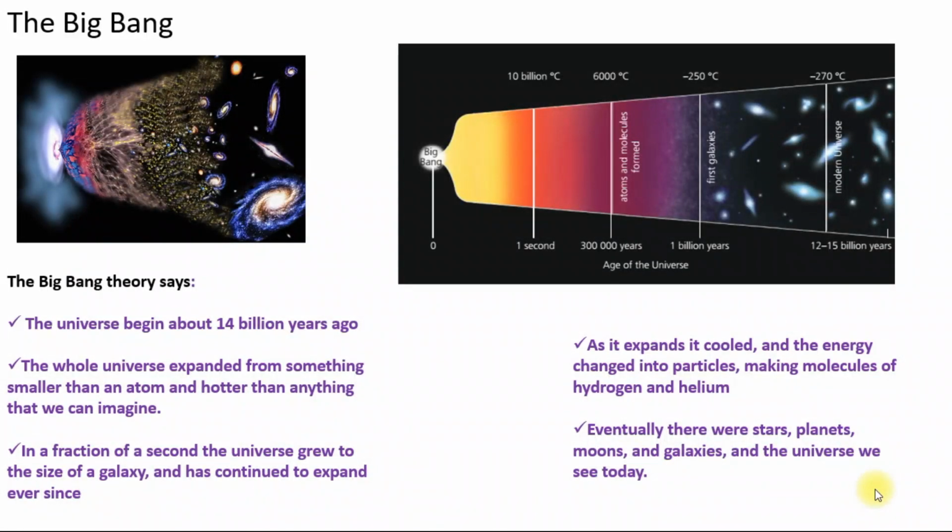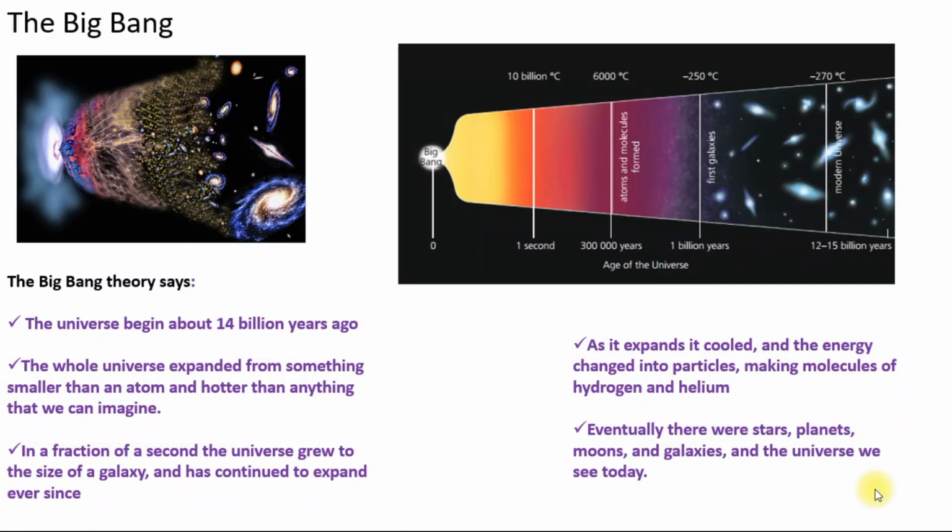The Big Bang. The Big Bang theory attempts to answer the question, how did the universe come to existence? The universe begins at about 14 billion years ago. At this stage, the universe expanded from something very small, smaller than an atom, with infinite temperature and energy.